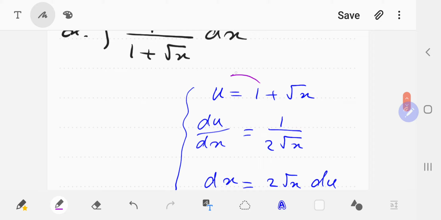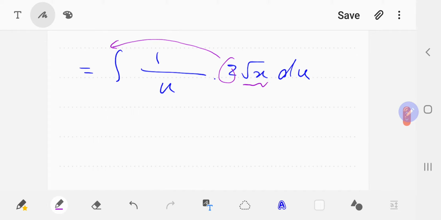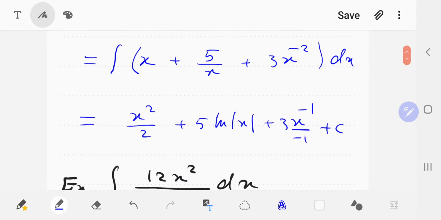What will you get if you solve for radical x? Move 1 to the other side. That will give you radical x is equal to u minus 1. So you can replace radical x by u minus 1, and you can take this 2 out, of course. So what will happen if you do this? It will be equal to 2 integration of, instead of radical x, we have u minus 1 divided by u times du, which looks like the first example that I've introduced here.